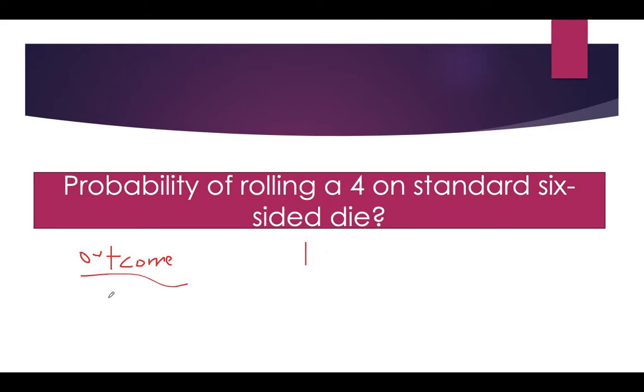To get probability, we are going to divide by the total number of outcomes. And if you look at a standard 6-sided die, there are 6 possibilities, so 6 different outcomes. That means that the probability of rolling a 4 is 1 out of 6. And you could convert that to a decimal. For right now, let's just work with fractions.